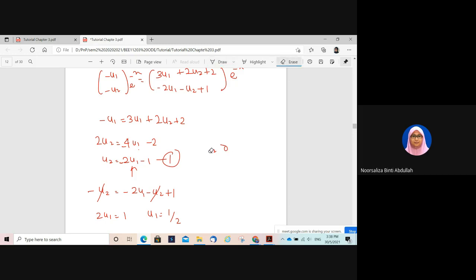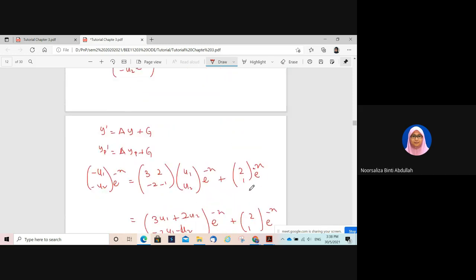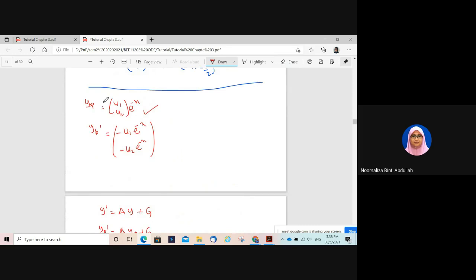Kejap kira balik. U2 equals to minus 2. U1 is 1 over 2. Minus 1. Tak kosong. This one equals to minus 2. Then your U2 equals to minus 2. Okay. U1 equals to 1 over 2. U2 equals to minus 2. Okay. You masukkan dekat dalam ni.